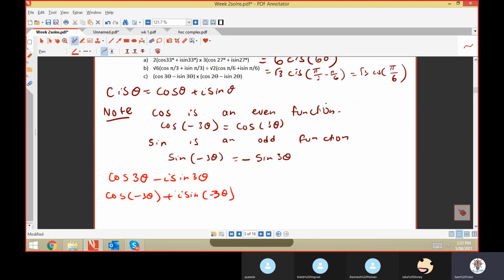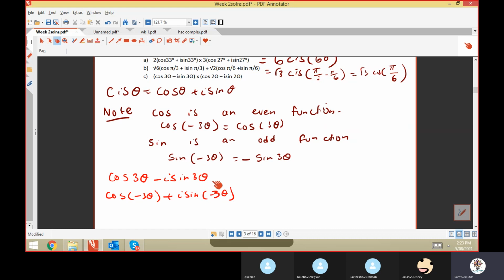To make that back into a cis, you make the angles both negative 3 theta. That's allowed because I just said they're the same. We're bringing the negative back in, which means it becomes plus i sine of negative 3 theta.